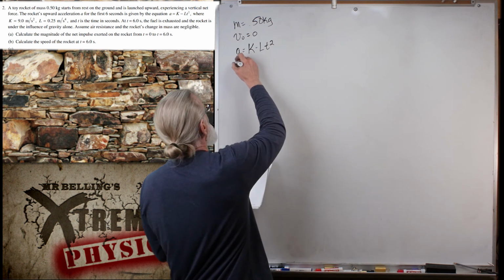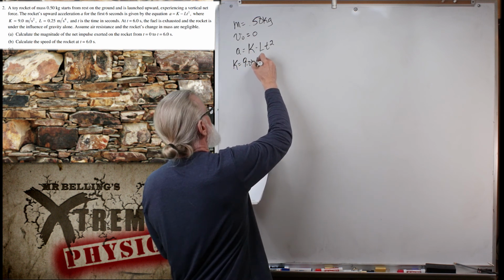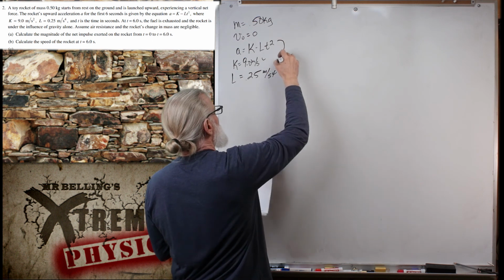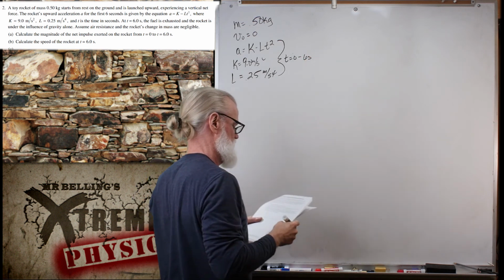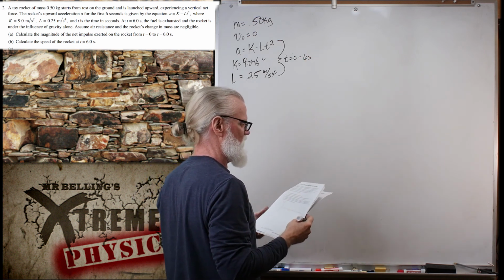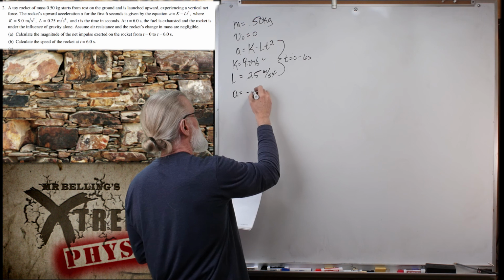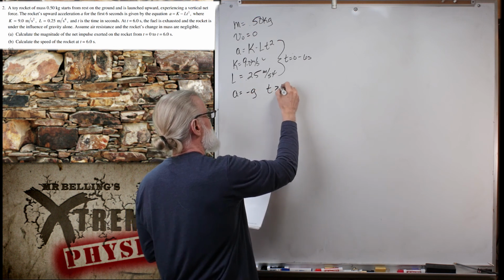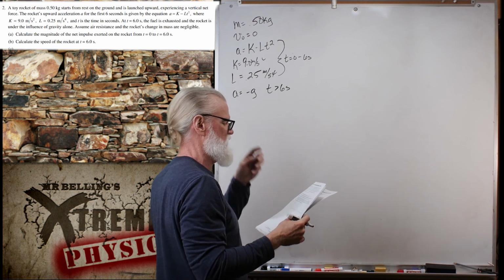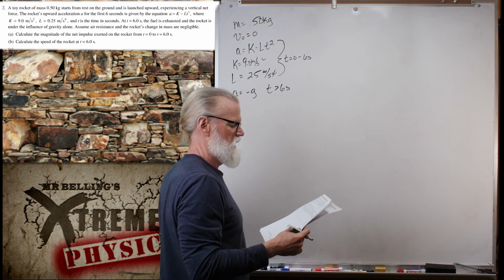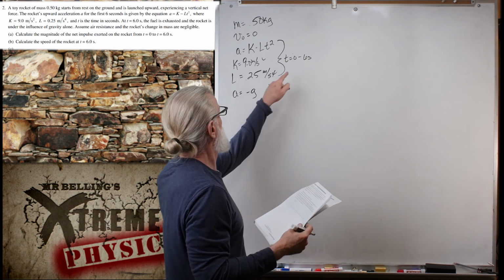Where K is 9 meters per second squared. So this is only from t equals 0 to 6 seconds. At 6 seconds, the fuel is exhausted, and it's under the sole influence of gravity. Acceleration equals negative g for t greater than 6 seconds. Assume air resistance and the rocket's change in mass are negligible. Calculate the magnitude of the net impulse exerted on the rocket during this time.